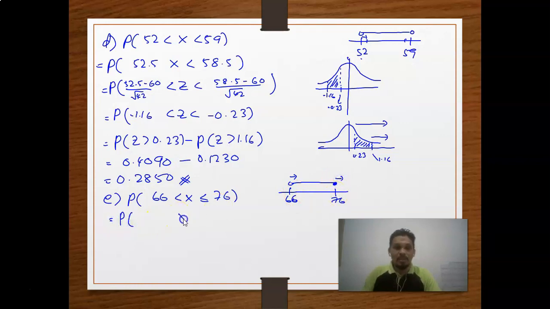So then it is 66 plus 0.5, 66.5, and this one 76.5.